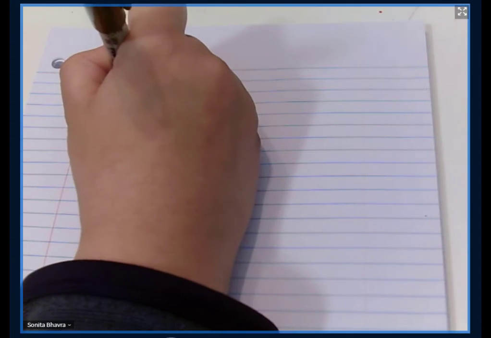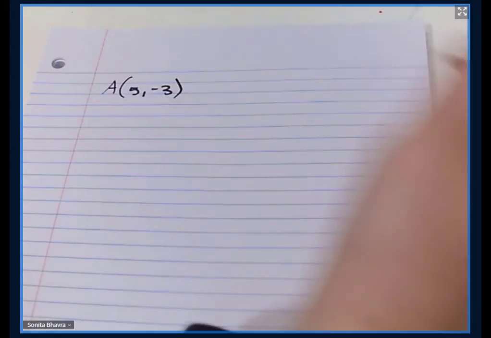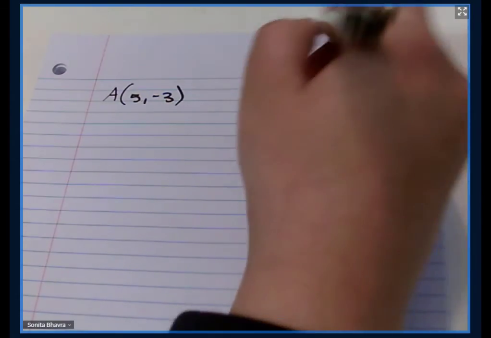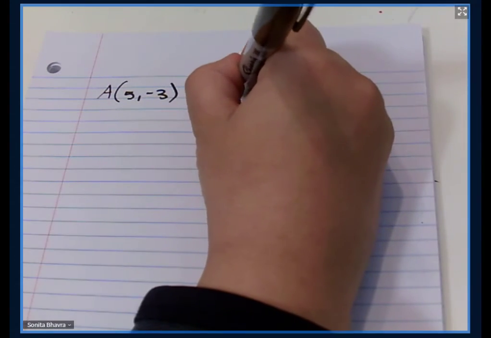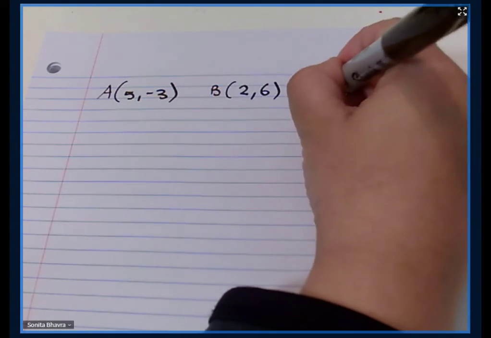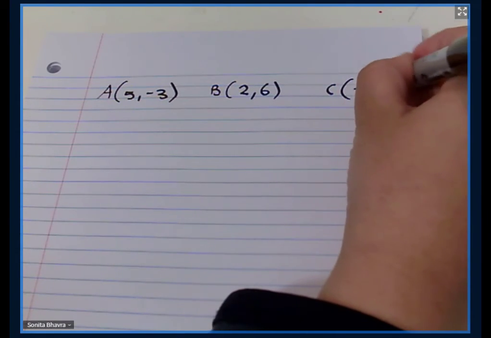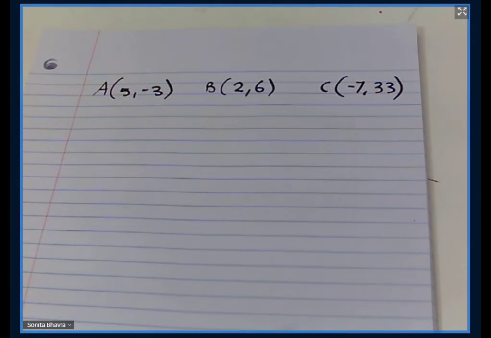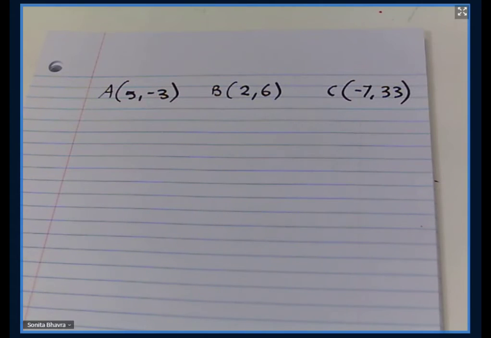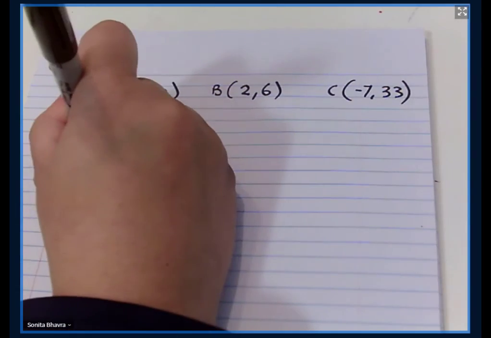So we have point A at 5, negative 3, and we have point B at 2, 6, and we have point C at negative 7, 33. So we have to prove that all 3 points are on the same line. So all we have to do is calculate our slopes.